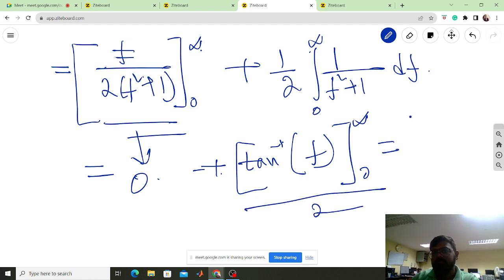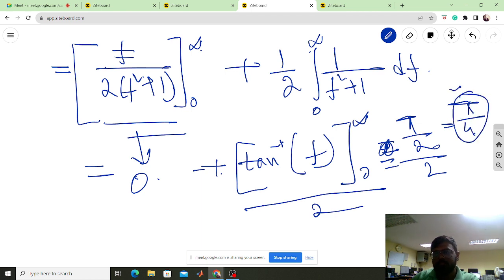So that is pi by 2 by 2. So that is pi by 4. The answer is pi by 4. In this way you can solve the integration.